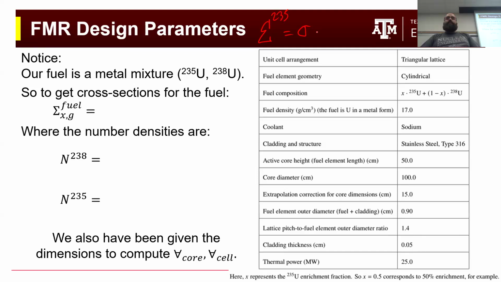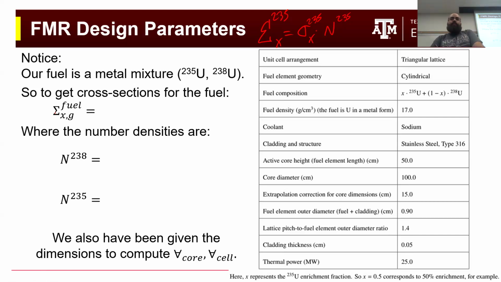Microscopic cross section for 235, and then I need to multiply that by N, the number density of 235. So for any reaction X, that would be how I would get the cross section for uranium 235. It would look just like that for uranium 238, except with the values for U238.